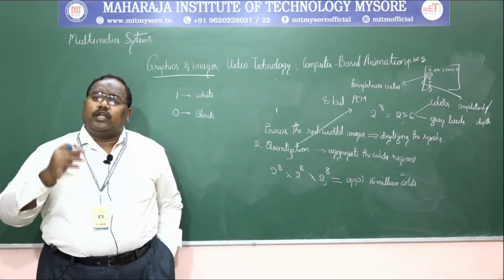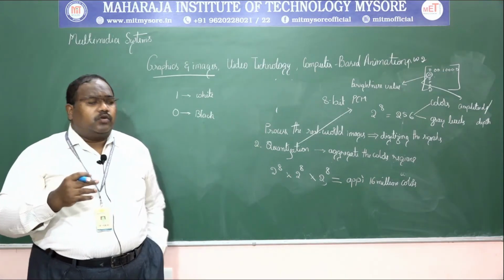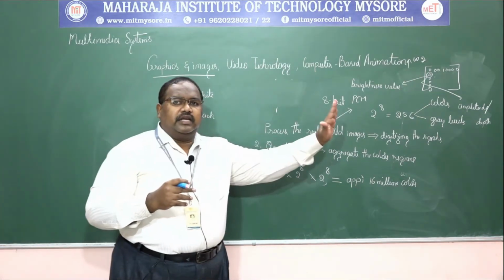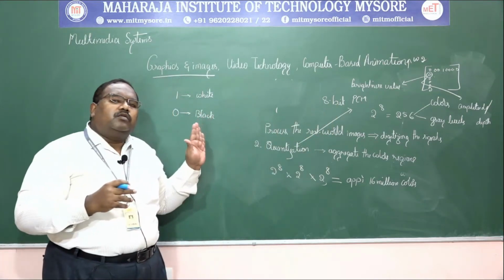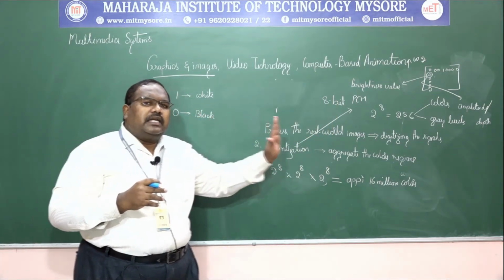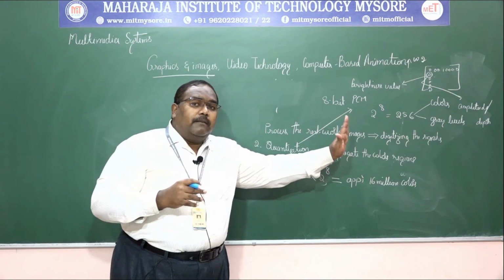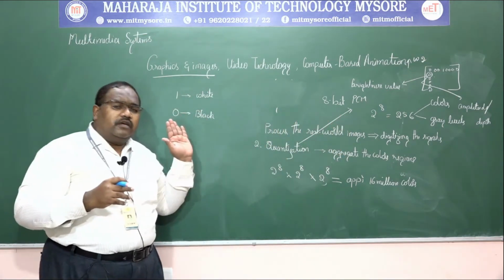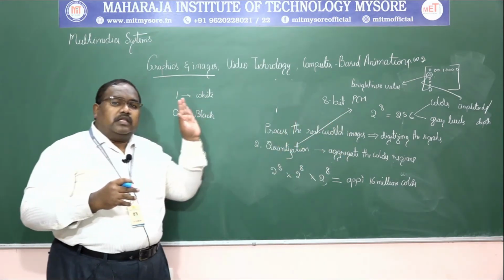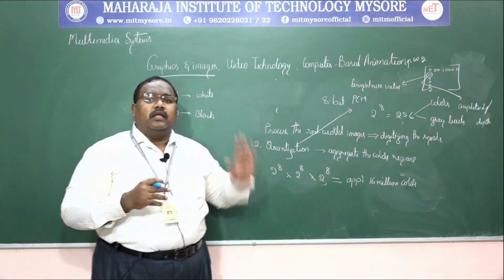When we talk about the numerical value of gray, there might be different shades in the gray level, from white to a bit darker, and finally we reach the black color. So there are a lot of gray levels between the starting white and the ending black.